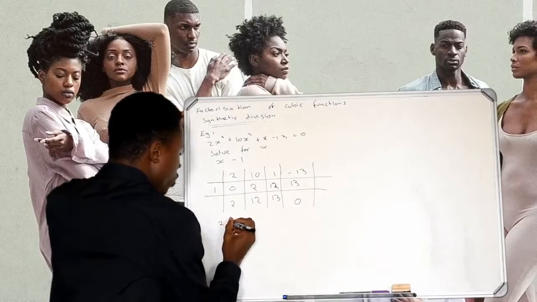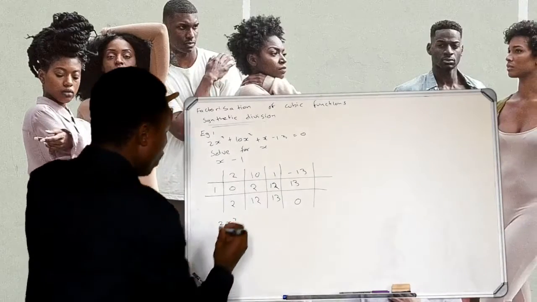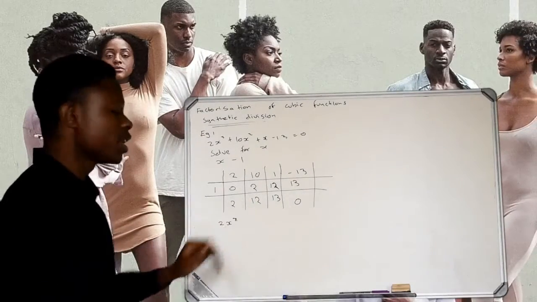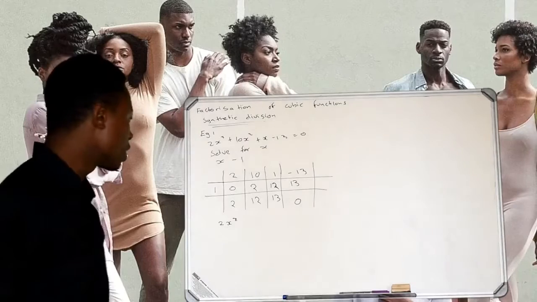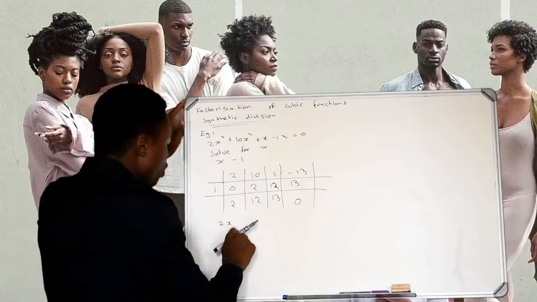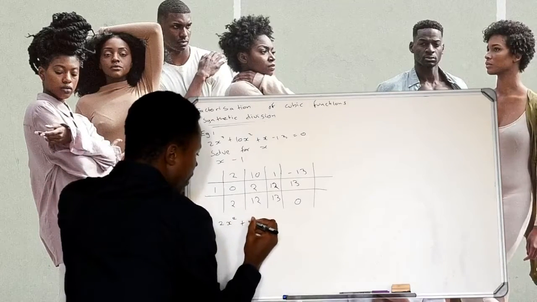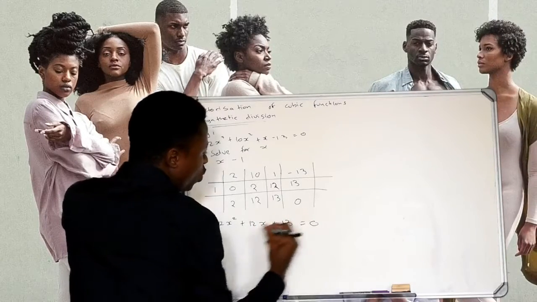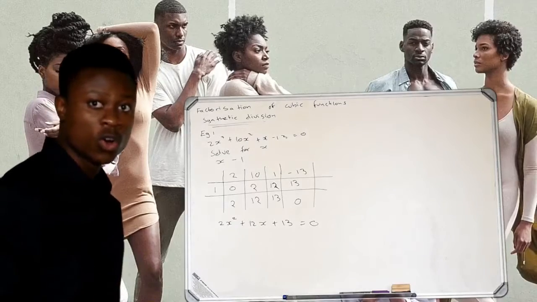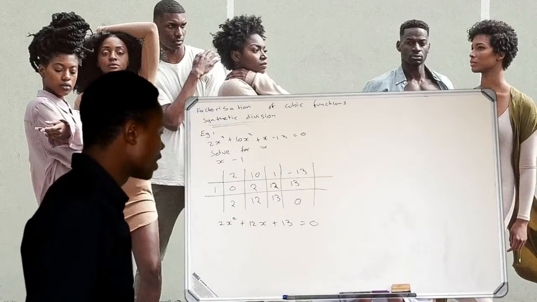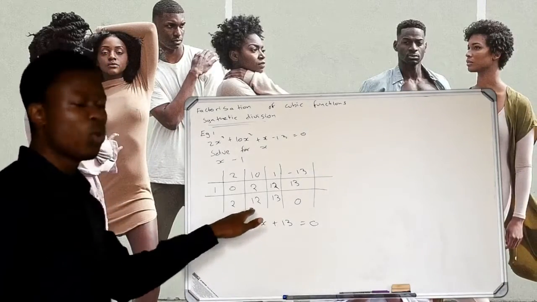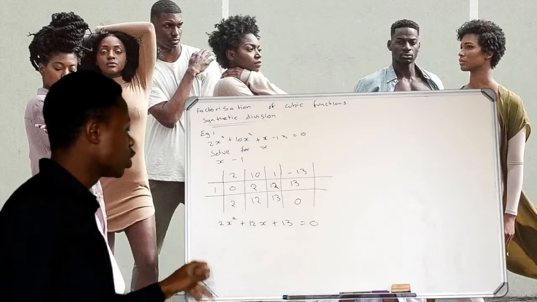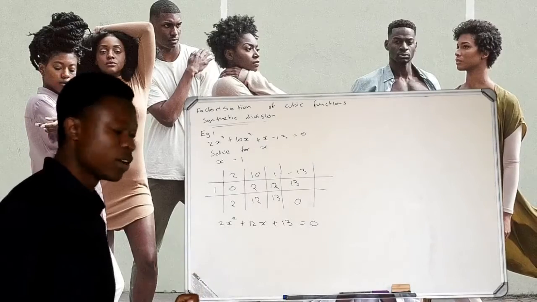So it will be 2x squared, and the coefficients run down from the biggest power. So this will be 2x squared plus 12x plus 13 is equal to 0, right? Make sure whatever sign these things come with, you write them here. So if this was -2, this would be -2x squared, right?